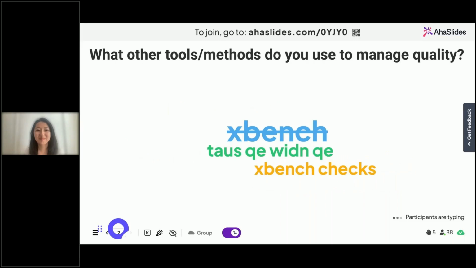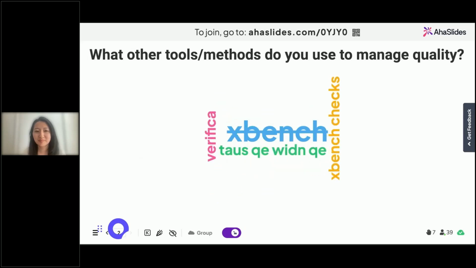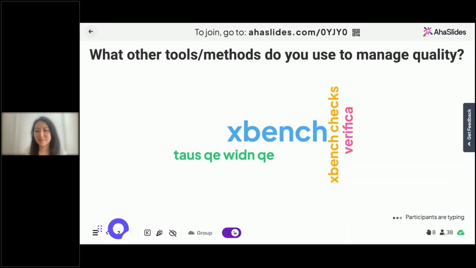I'm very aware of them. Seeing a lot of the usual suspects in there. Verifica, Task QE.